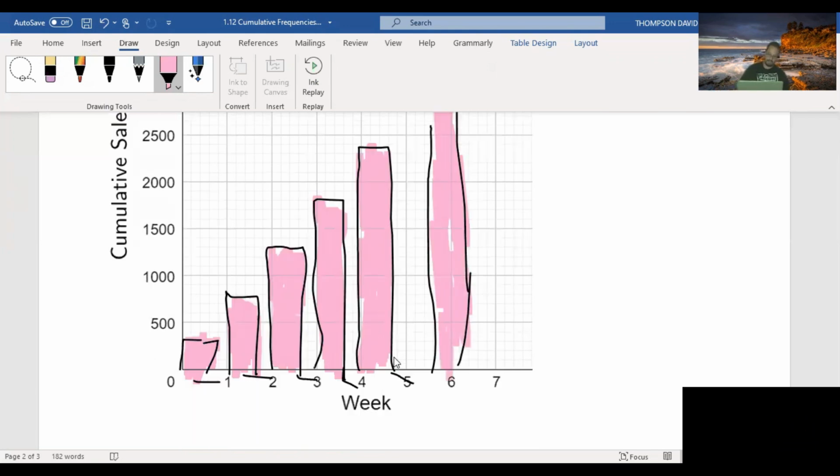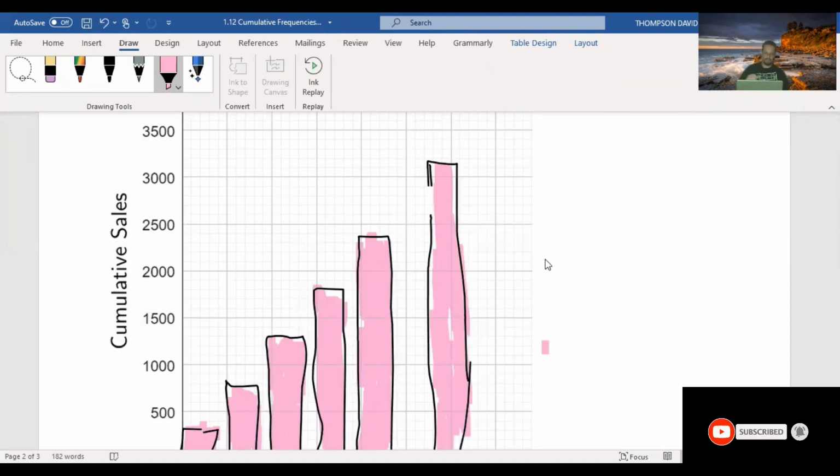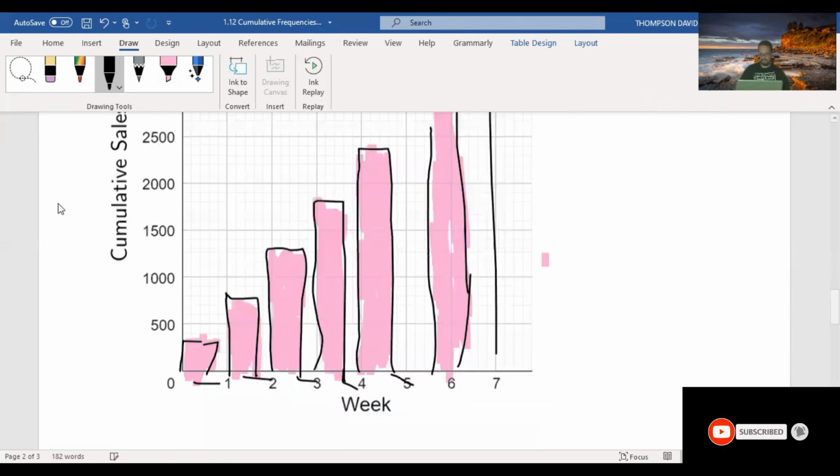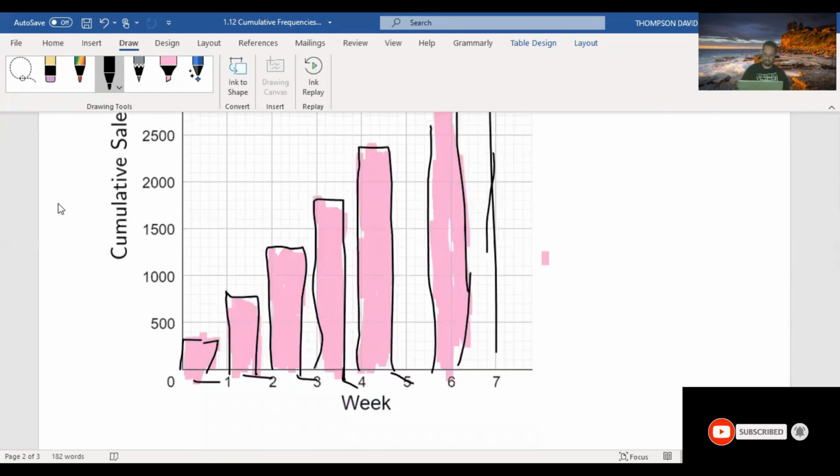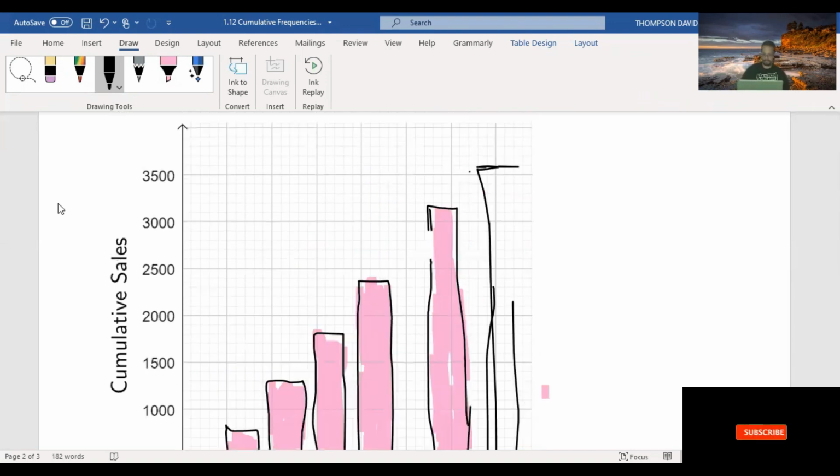And then the last one would be at 3,737. So just above this line. And just fill it up, and we'll fill it in with pink.